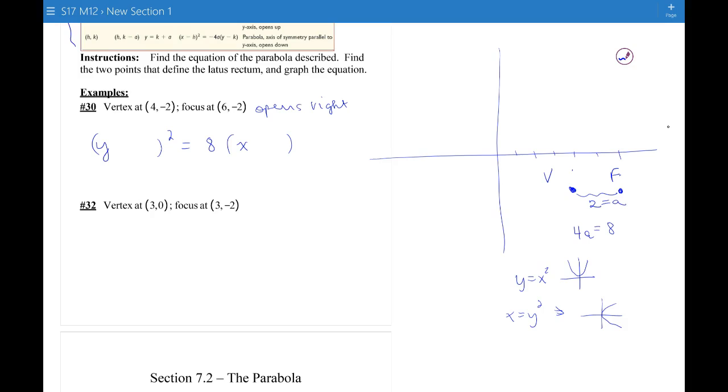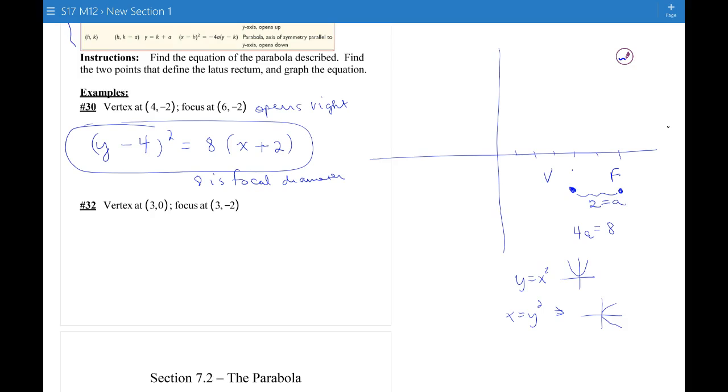And then the coordinates of the vertex go here, y minus the x coordinate of the vertex, and x minus -2, which comes out to be x plus 2. So this is the equation of the parabola that has a vertex at 4, -2, and a focus at 6, -2. Okay, so now I know that 8 is the focal diameter.